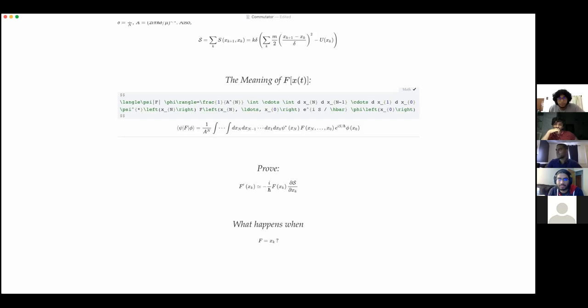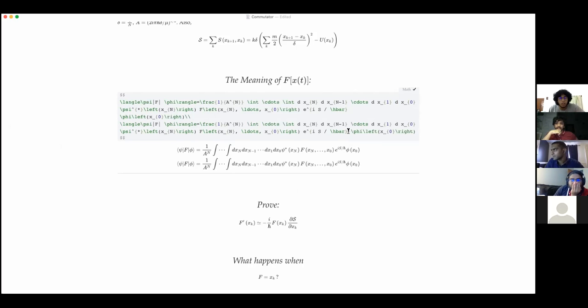If you have f prime here, it comes from good old-fashioned integration by parts. Now let's say this was just a function of x_k. So it's just the derivative from each component, each thing in the string.